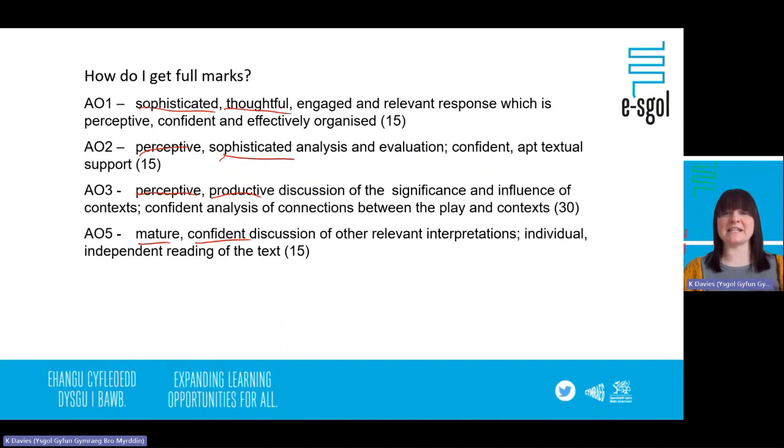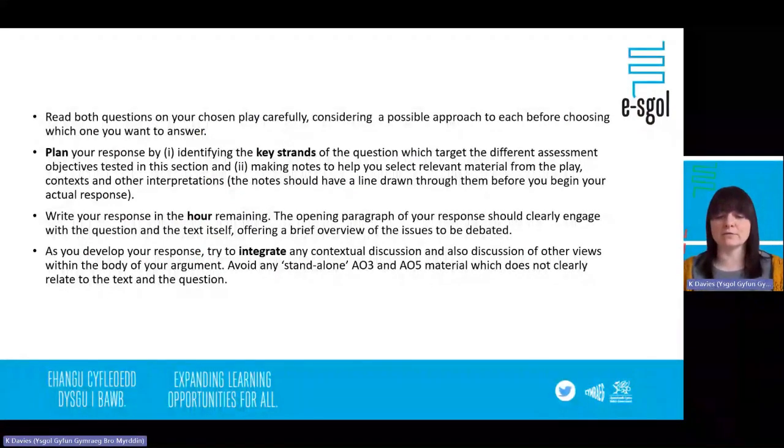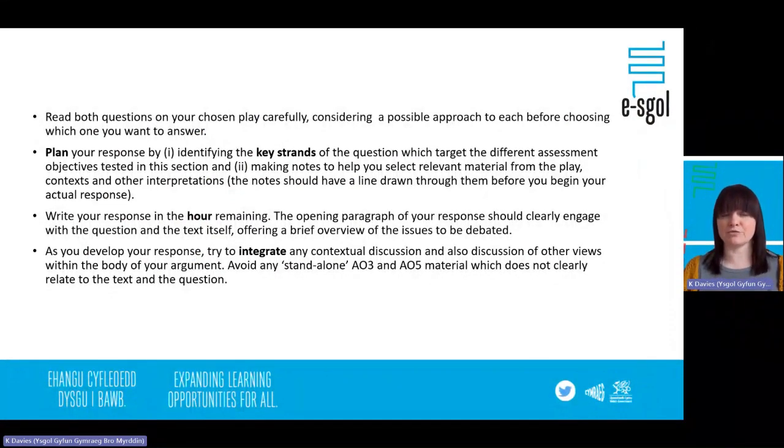So there's this need, in order to push yourself into that top band, to be confident in your analysis, to be able to commit to an idea, to write in an articulate way with a good, sound academic register. So here's almost a step-by-step guide as to how to approach it.